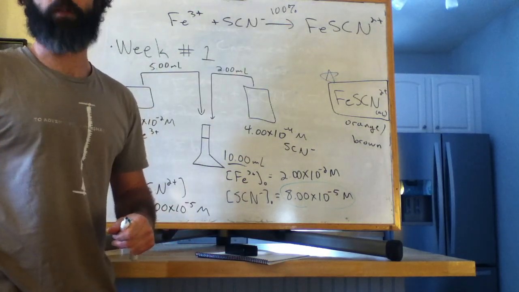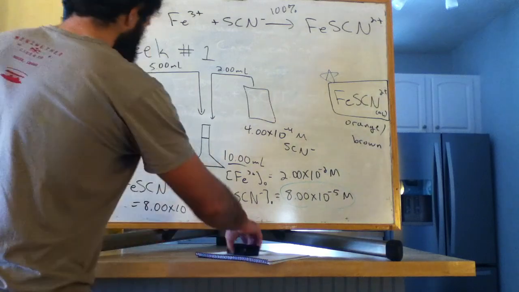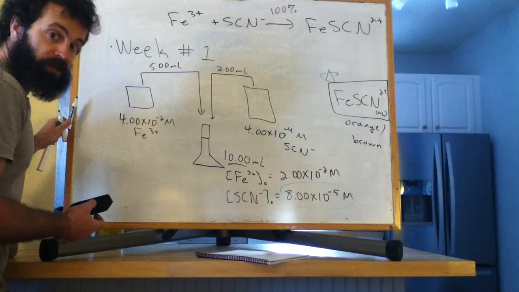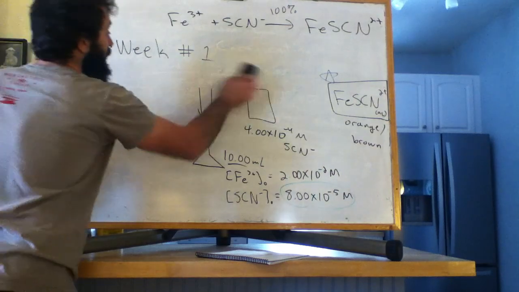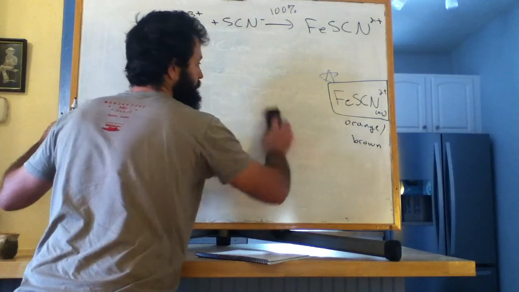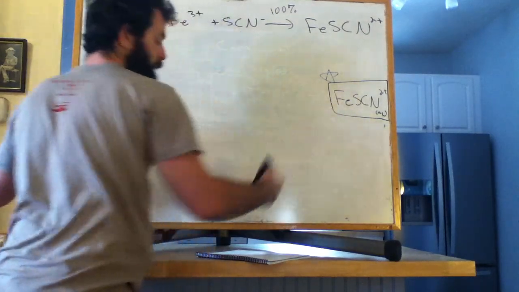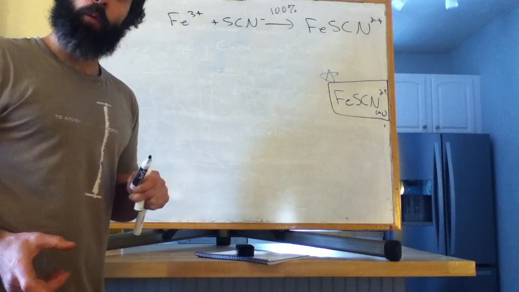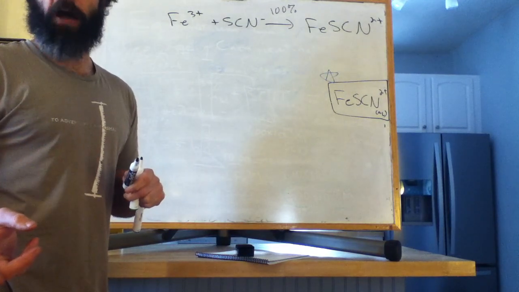We're forcing the reaction 100% to completion. Okay, so at this point we have made all of our standards and we know the concentration of our iron thiocyanate complex in each of our standards. So now what we need to do is measure absorbance values.